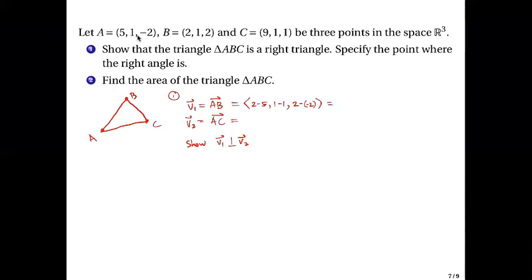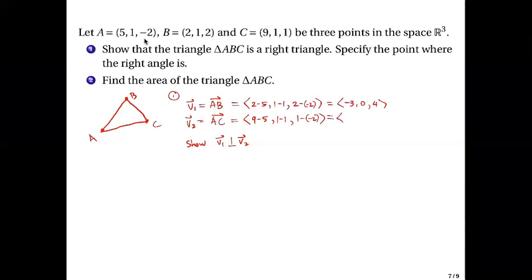So if we simplify this, we have 2 minus 5, that's minus 3. 1 minus 1, that's just 0. 2 minus negative 2, that's 4. And then for the AC, we have 9 minus 5, 1 minus 1, and then 1 minus negative 2.